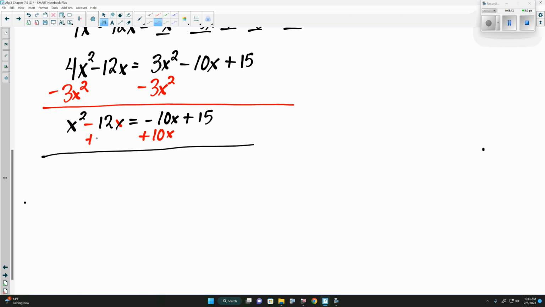Next we can add 10x to both sides, which will give us x squared minus 2x is equal to 15.